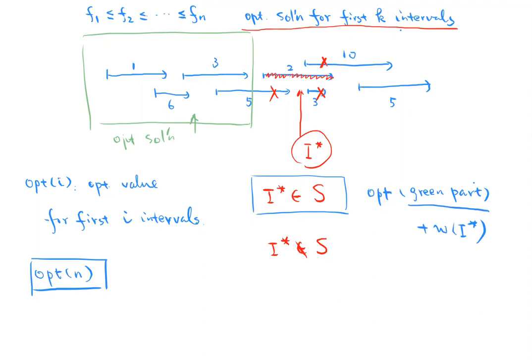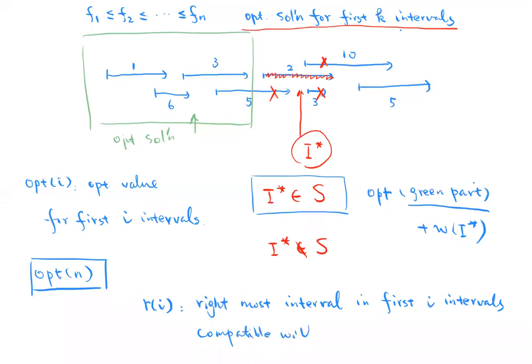So we need to introduce another notation called R(i). That's the rightmost interval within the first i intervals compatible with the ith interval.